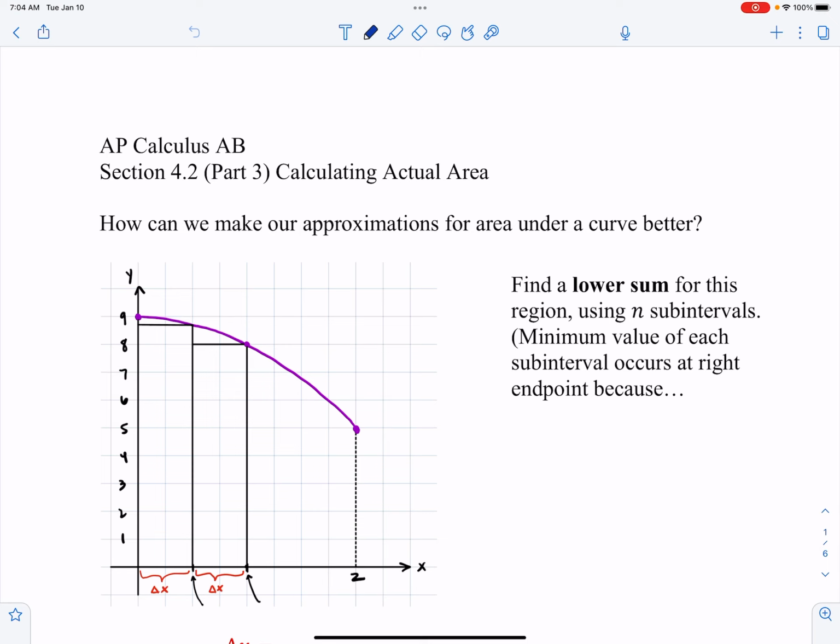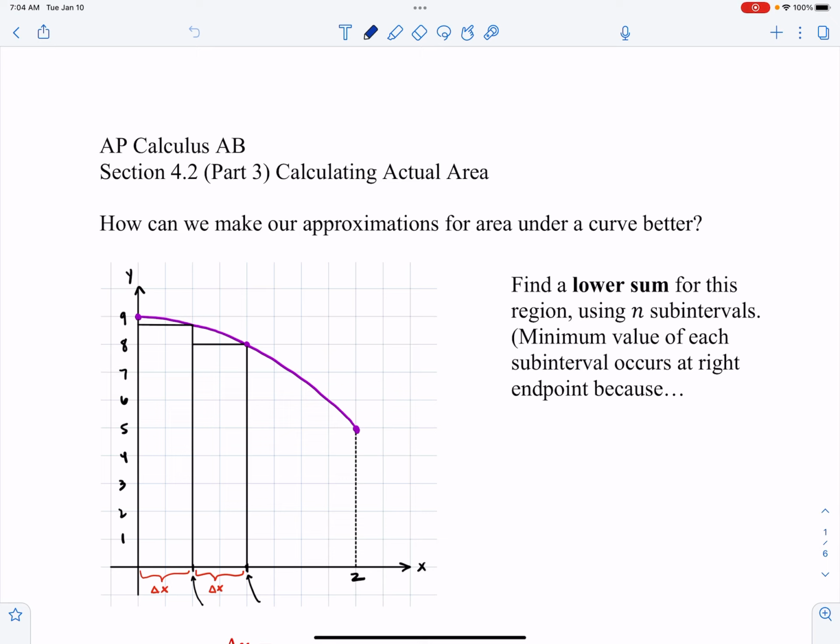So we used the left endpoint of each subinterval, the right endpoint of each subinterval, and then we also calculated the lower sum approximation for area, where we chose the lowest function value on each subinterval to calculate the height of each rectangle.